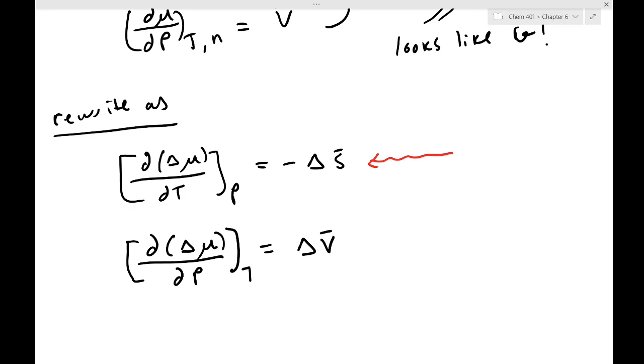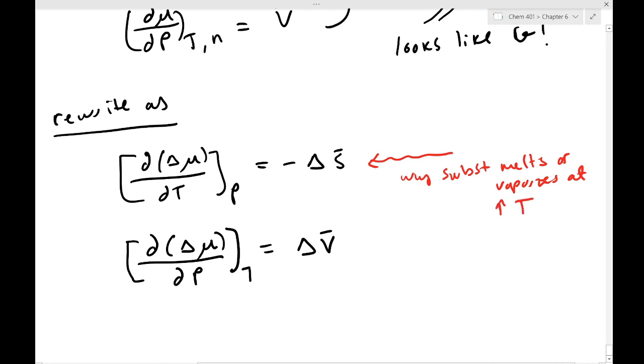And actually, this ends up explaining why a substance melts or vaporizes at elevated temperatures. It's all a function of entropy. If you increase the temperature, you must therefore melt or vaporize.